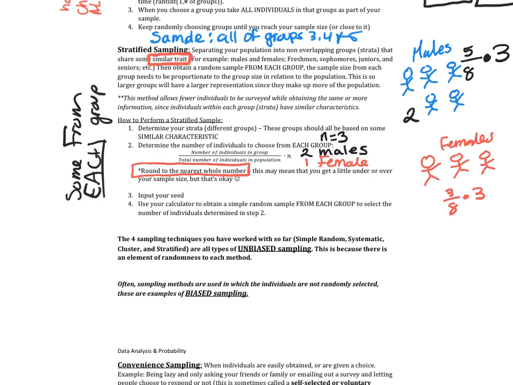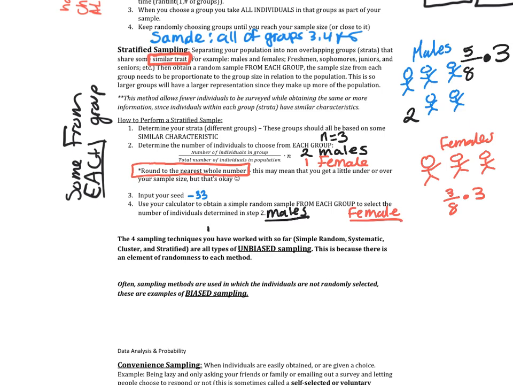Okay, then you're going to input your seed. Let's use a seed of 33. So you do 33, STO, math, PRB, rand. And then you're going to do 2 separate simple random samples. One for the males to pick your 2 males, and one for the females to pick your 1 female.